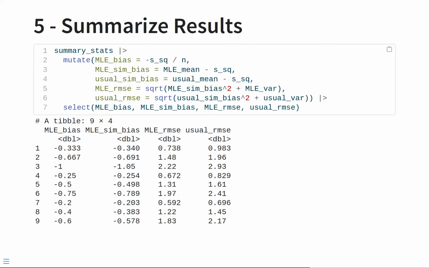And now I'm going to calculate the bias of the other estimator, the usual bias, and then I'm going to compute the root mean squared error of each. So what is interesting to see here, you might find this surprising, is that the MLE is biased, but in some cases it can actually have a superior root mean squared error. So it can actually have a lower root mean squared error.